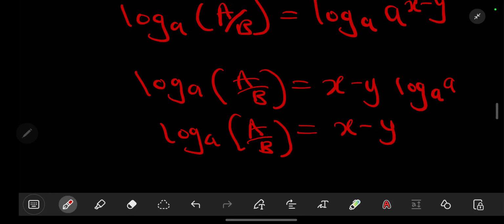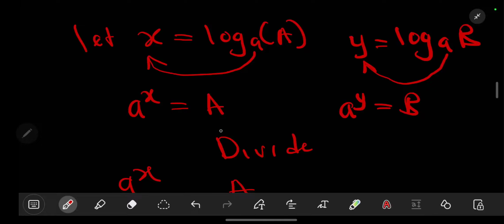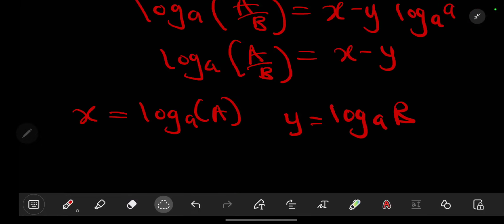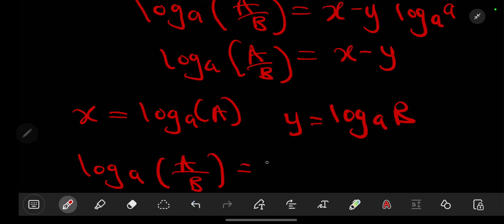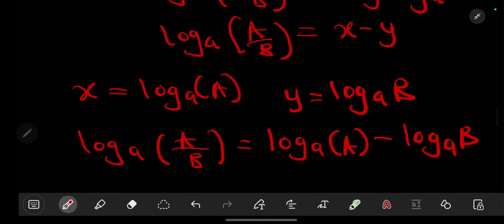So we have this, then we have the log of a over b. So remember, our x value is equal to this. So where there is x, we are going to say the log of a over b should be equal to, where there is x, we put log of a base a, then we have minus the log of b base a, like that.